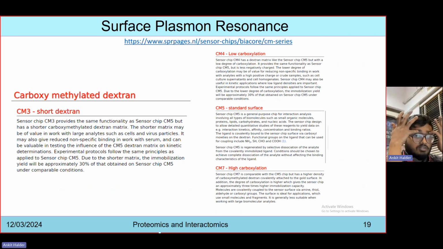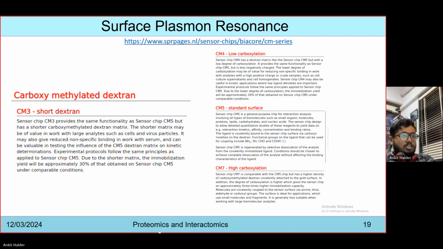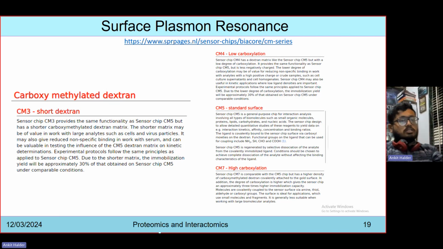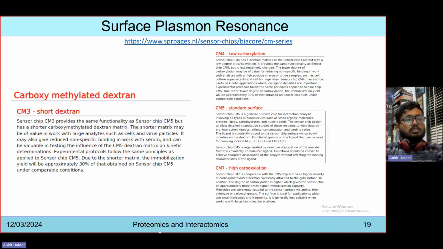This surface is ideal for applications which use small molecules and fragments, and less suitable when working with large biomolecular analytes.